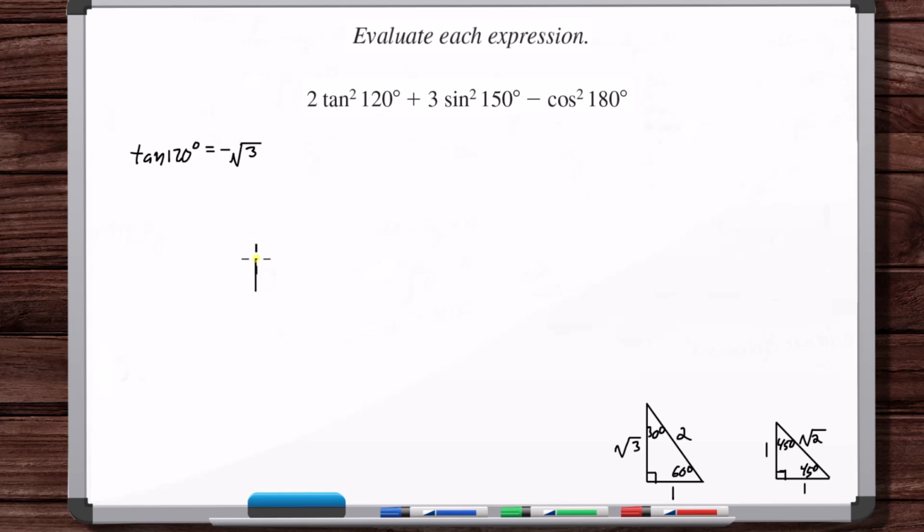Okay, now what about these? 150 is in the second quadrant with a 30-degree reference angle.